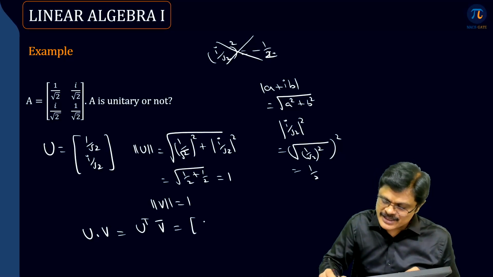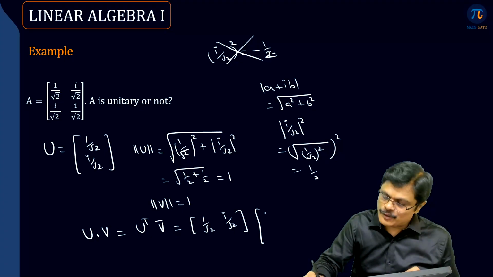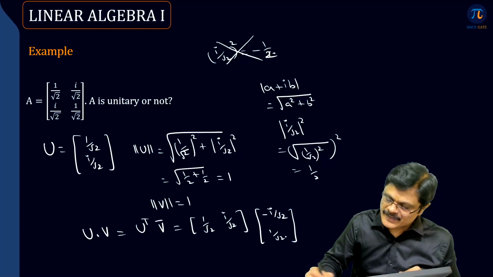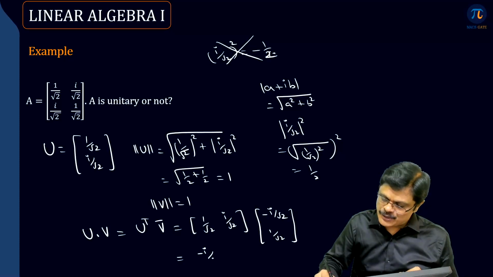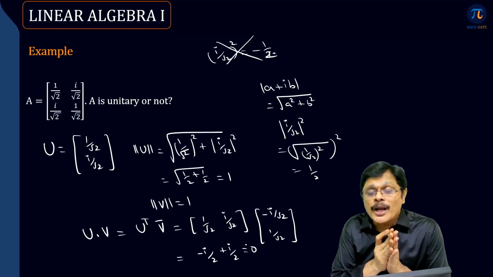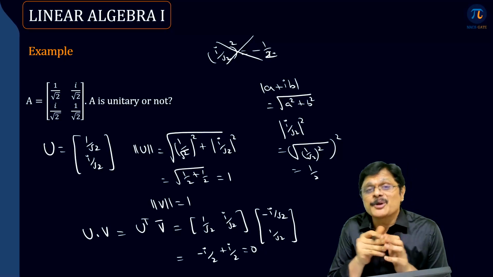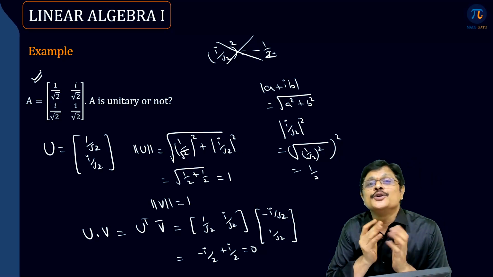U transpose means 1 by root 2, i by root 2, and the conjugate of v is minus i by root 2, 1 by root 2. When you do the multiplication, it is minus i by 2 plus i by 2, which is 0. That is, the columns are forming an orthonormal set with respect to the complex inner product. Therefore, this matrix is a unitary matrix.